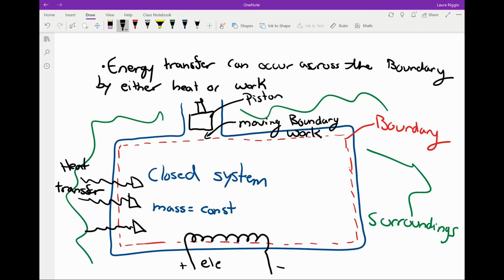I can have electric work. And I can also have shaft work.